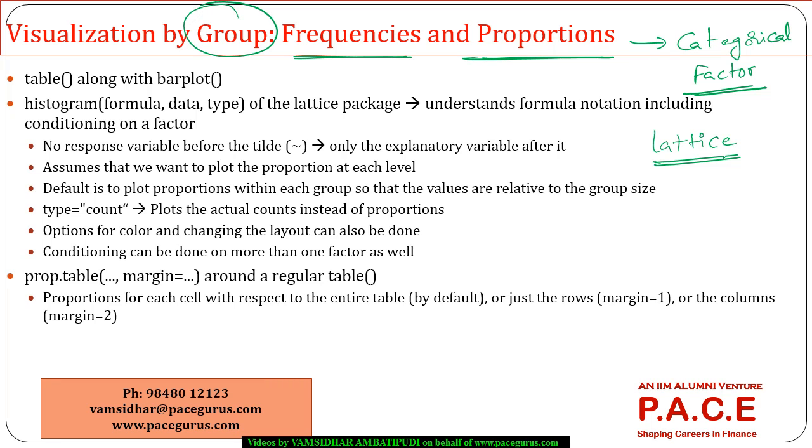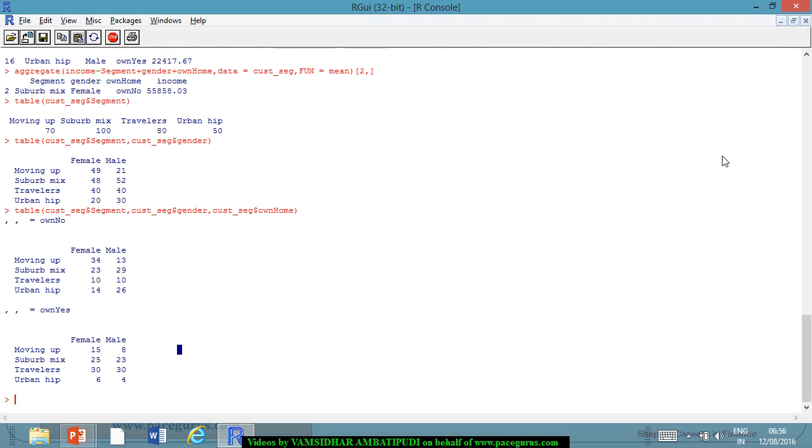Though I can very well, let's say here I want to find out the gender across the different travel segments. The first thing I could have created is a table, where I am taking customer_segment$segment, the different segments of the customer, and I am also taking the gender, customer_segment$gender.